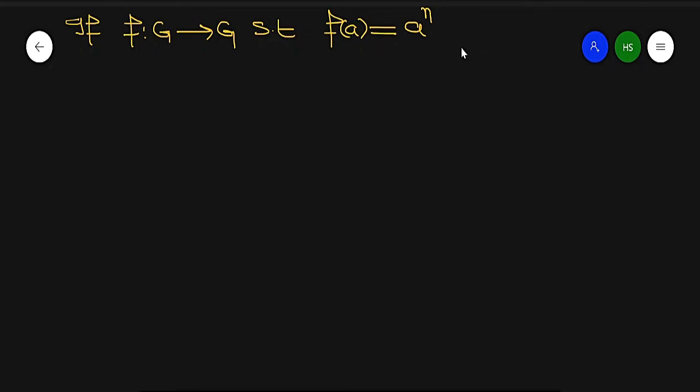Now we will discuss some important questions. The statement of the question is: if f is a mapping from G to G, such that f of a is a raised to power n, and this mapping is an automorphism, that is given.